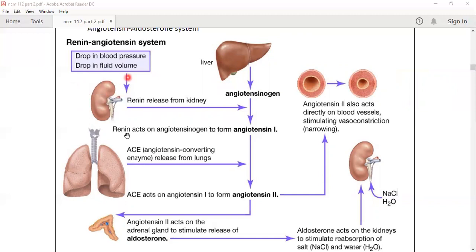Actually, it is a system that is composed of several substances that eventually leads to an increase in your blood volume. There are key substances that will be mentioned a little later. But first, let's begin from where this system is initiated.